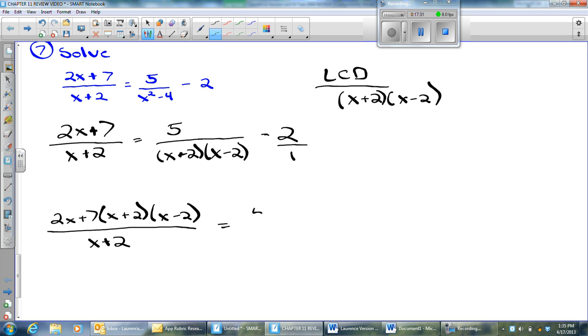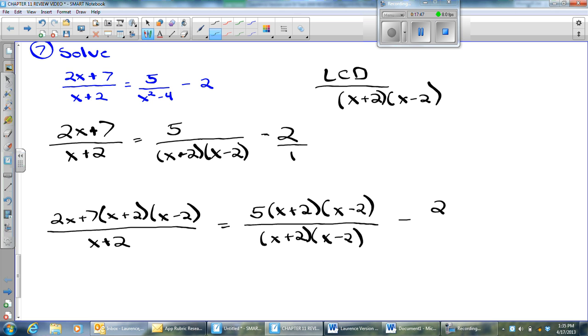And then 5 times x plus 2 times x minus 2 over x plus 2, x minus 2, minus 2 times x plus 2, x minus 2. You still have to multiply the 2, even though you don't have to cancel the denominator. Whatever, you have to do it to every single term. Okay?